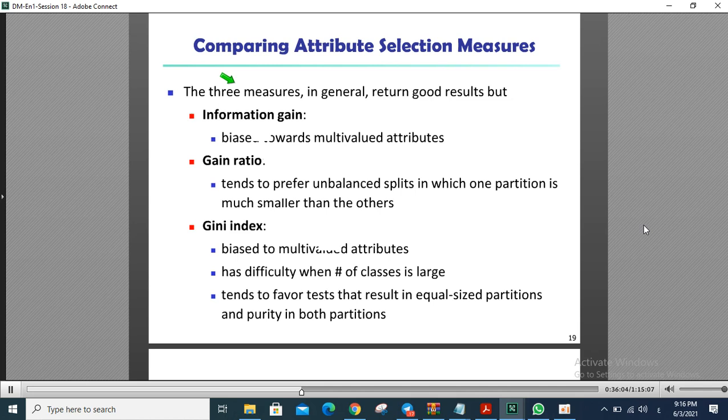But I can say that if I choose information gain, information gain is biased toward multi-valued attributes. What does it mean? It means that if I have multiple values for attributes, I have some attributes, each of them has multiple values.